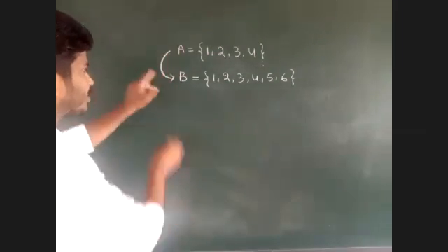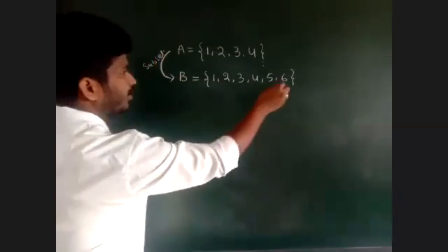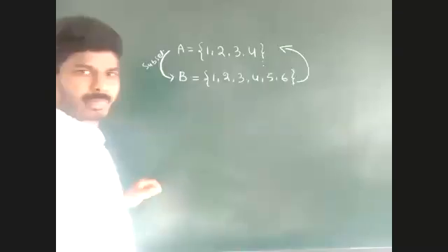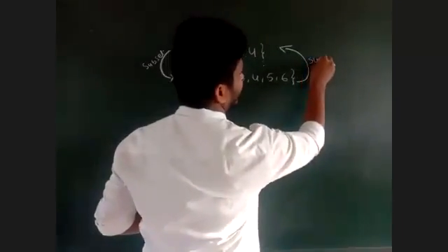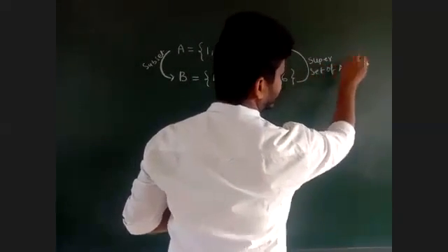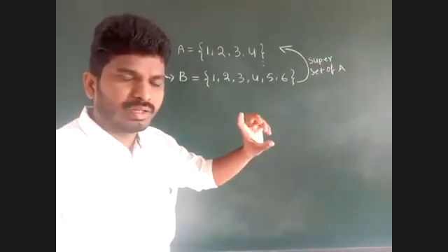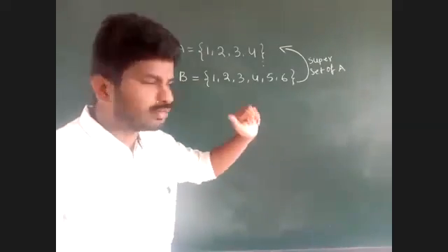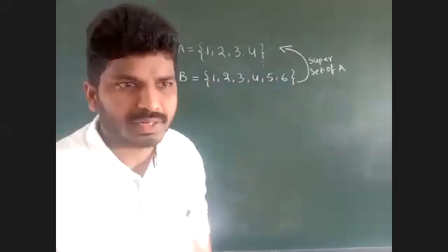If A is a subset of B, then B is a superset of A. So is it clear, these two concepts, subset and superset? Yes, sir. After that concept, let us discuss proper subset also.